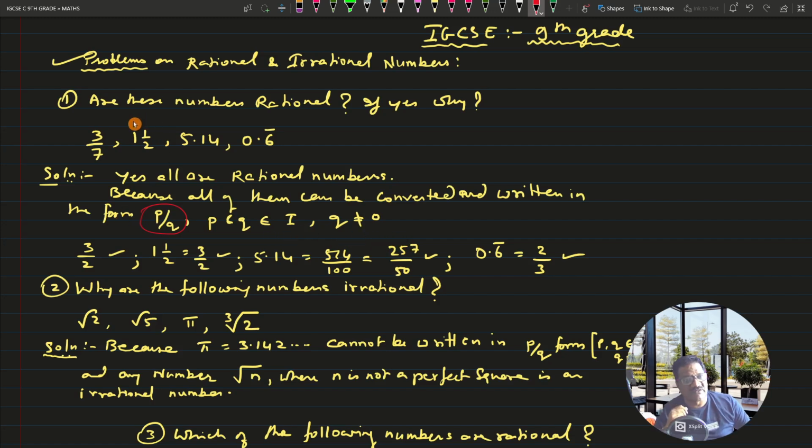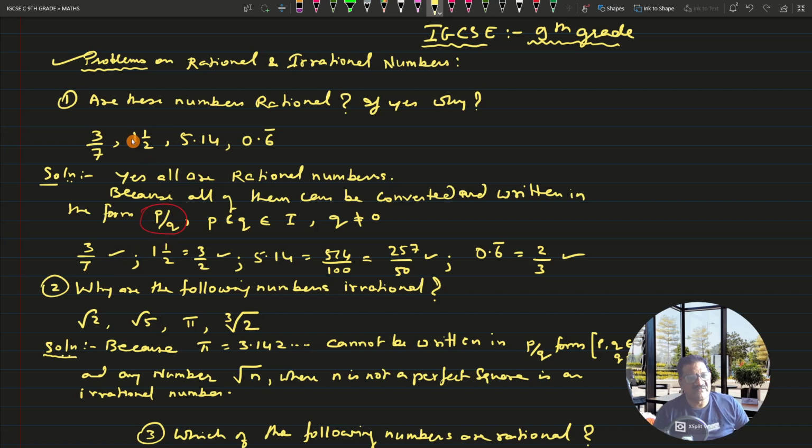So the very first number, 3 upon 7, oh, this is 3 upon 7, not 2. So the very first number 3 upon 7 is a rational number. Why? Very clear, because 3 and 7 both are integers, and moreover this denominator is not equal to 0. It is 7.